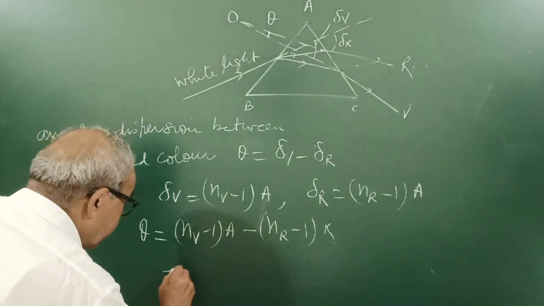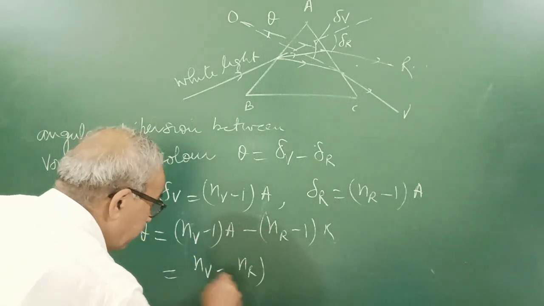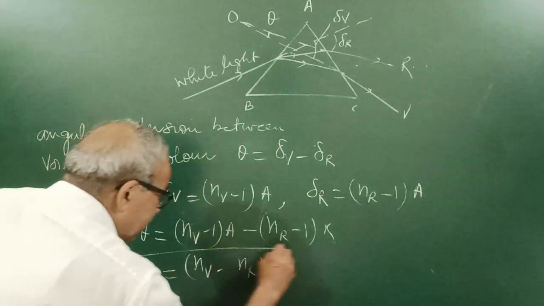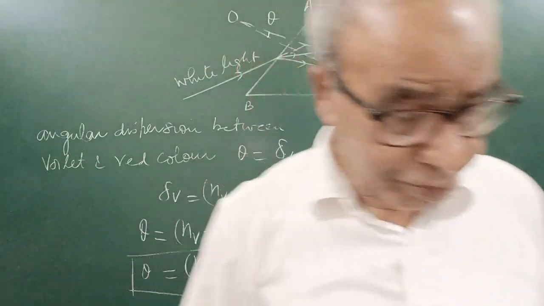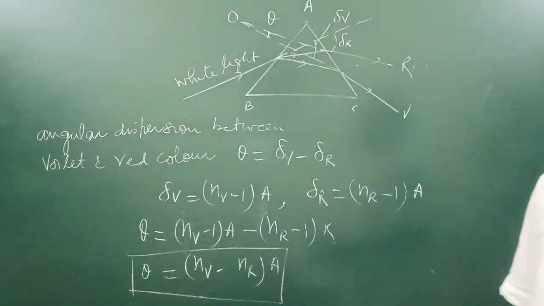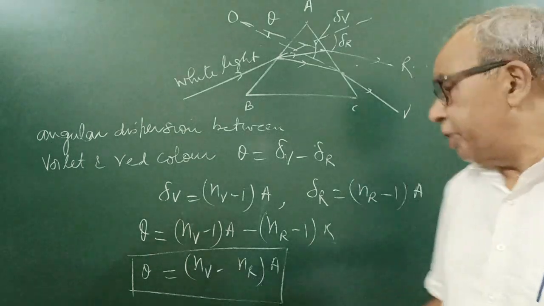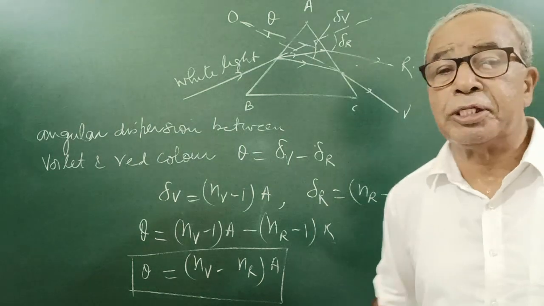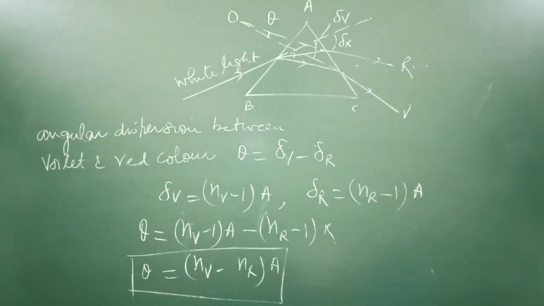When we subtract, we get (NV minus NR) into A. You can take any two colors. Actually, from sunlight on the surface, we are unable to receive violet color, so we take blue color. I will tell you where we need this. So this is called angular dispersion.